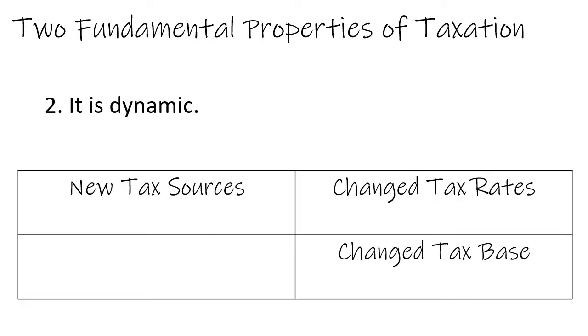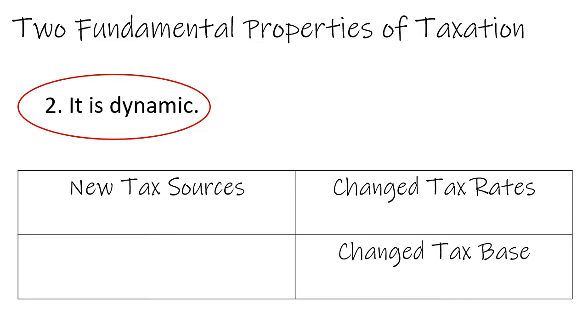The other fundamental property of taxation is the fact that taxation is dynamic. If, for whatever reason, a government needs to raise more tax revenue, it can and will do so through identifying a new tax source, by changing the tax rates, which we learned is the percentage of the tax base that's owed in taxes, or by changing the definition of the tax base.